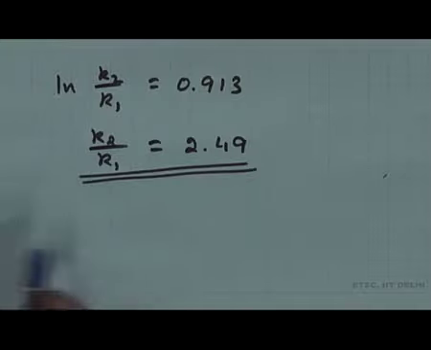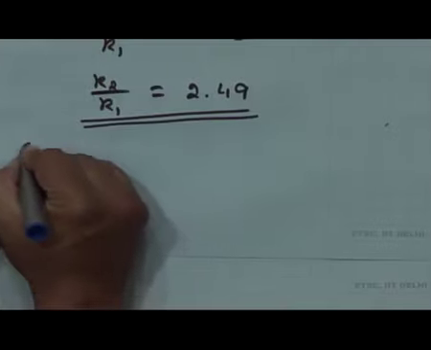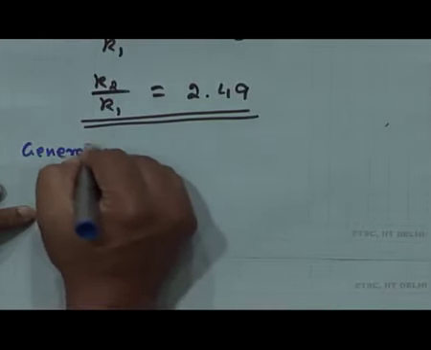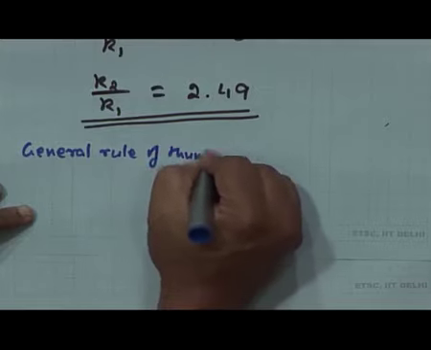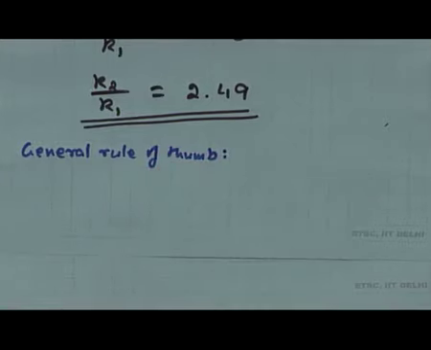So, this is a rule of thumb. We call it a general rule of thumb. And what is that?